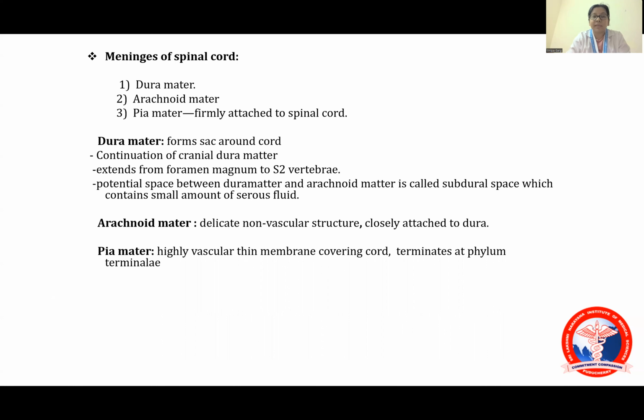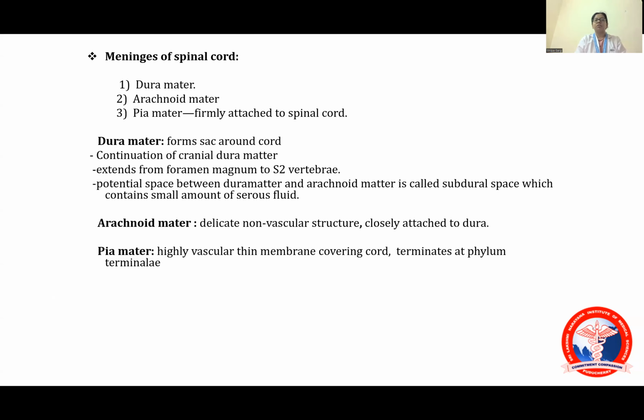There is a potential space between dura mater and arachnoid mater, which is called as subdural space, and it contains a small amount of serous fluid. Next layer is arachnoid mater. It is a delicate, non-vascular structure, and it is attached to dura. So dura mater and arachnoid mater, they are very closely attached to each other.